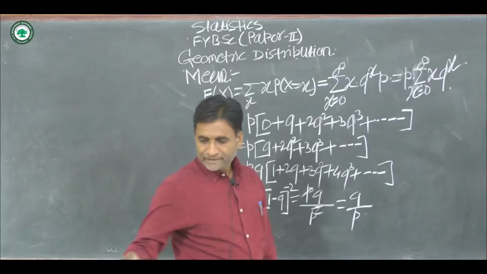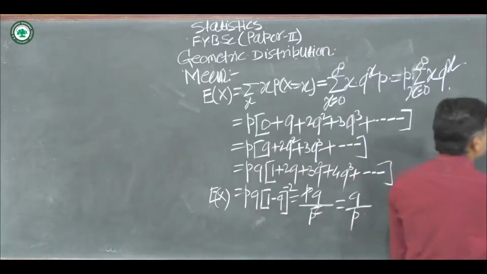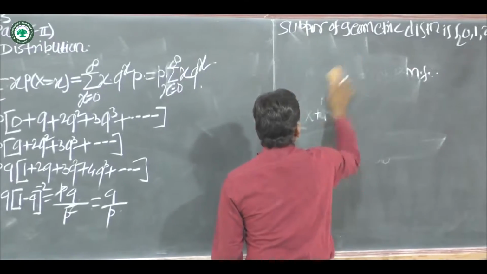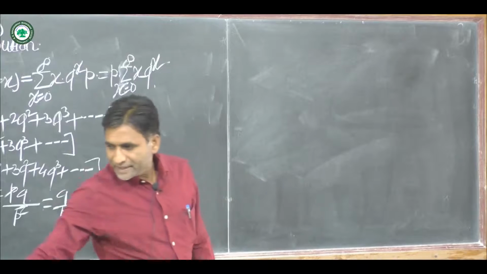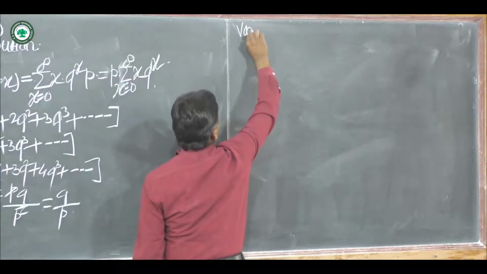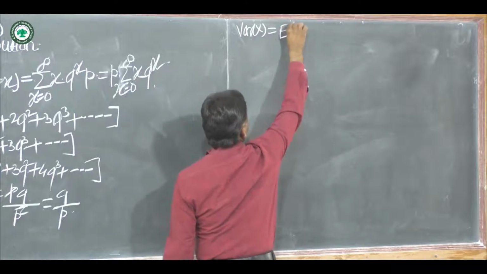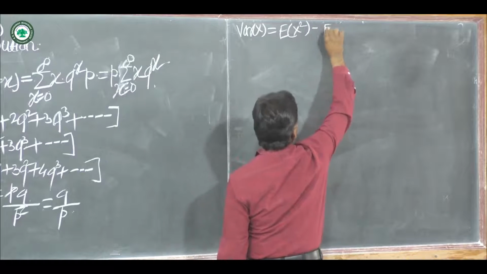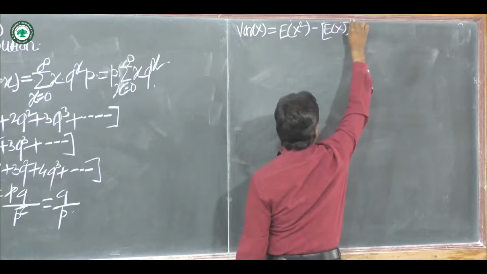Now we find the variance of geometric distribution. By definition, variance of random variable x is equal to expected value of x square minus expectation of x, its whole square.